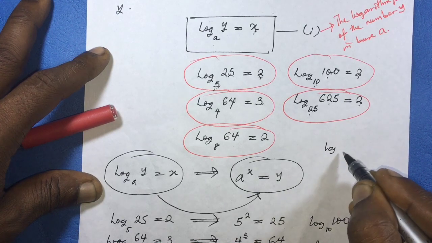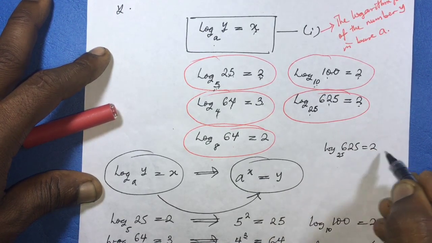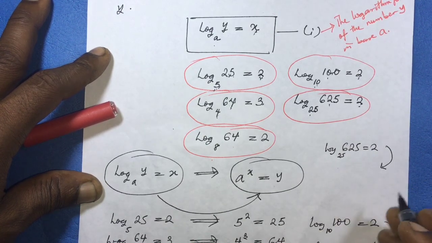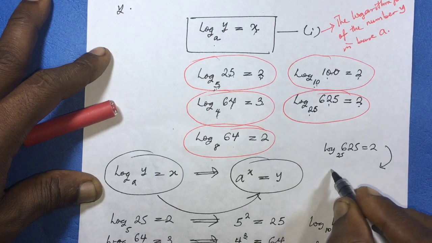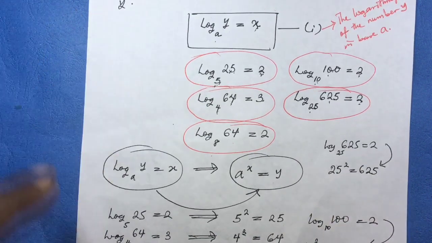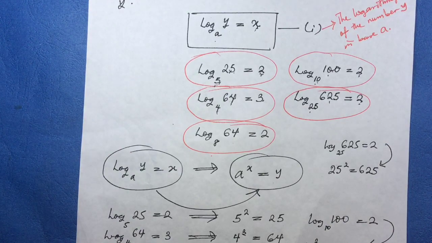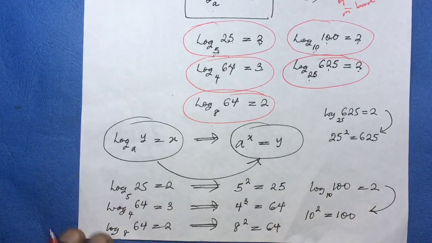So the logarithmic form of 625 in base 25 was 2, and that implies that there is a corresponding index form of 625 in base 25, which means 25 raised to power 2 is equal to 625. So what have we just done? We have been able to show you that for every logarithmic form of a number, there is a corresponding index form of that number. Okay?